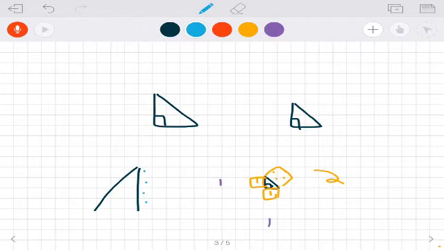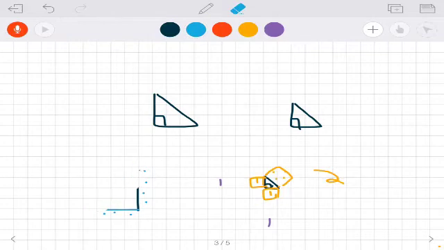Now, it's not 7 because we don't have to go all the way down and then over, but it is going to be more than 4 and more than 3 because we're cutting across that. But it's going to be less than 4 plus 3. It's going to be less than 7. So anytime we're dealing with a diagonal line, we have to be aware that this is going to be longer than either of these two other sides.